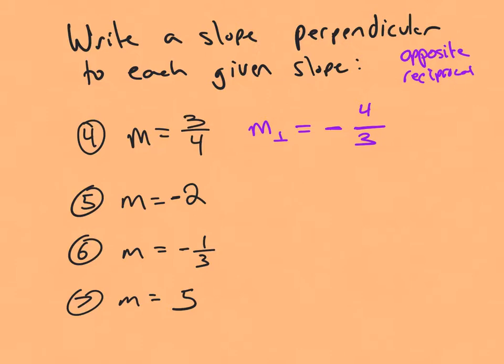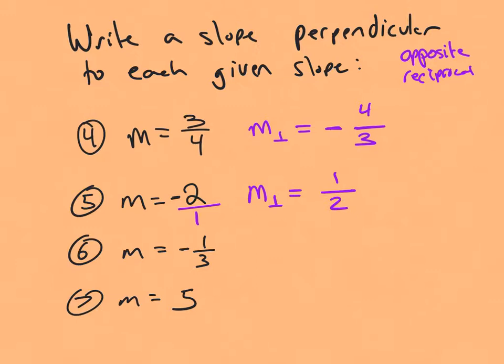For a slope of -2, my m perpendicular, I have to do opposite. This one's negative, so my new one's going to be positive, and I have to take the reciprocal. I need a fraction, so I'm going to make it 2/1, and when I take the reciprocal it becomes 1/2. So the opposite reciprocal of -2 is +1/2.